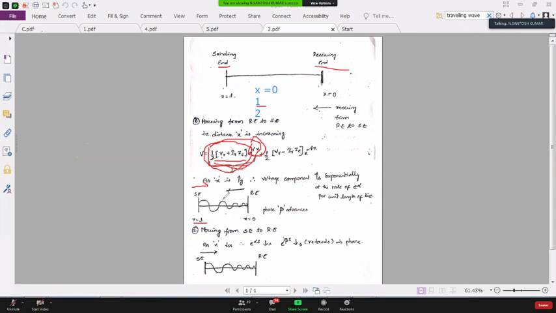When I move towards the receiving end, the magnitude reduces as well as the phase. So this is a characteristic of your waveform. The wave will decrease its magnitude and phase angle as it propagates. It has the characteristics of a wave, or not? Yes or no, please? Yes, sir.